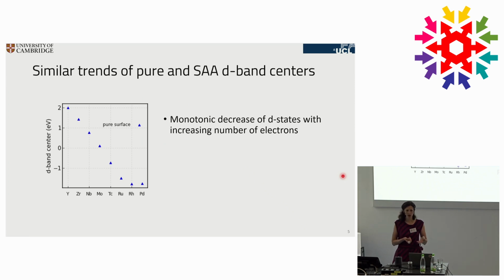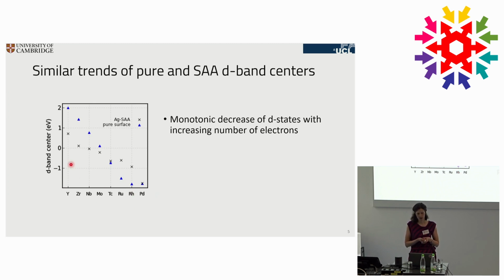So what about our single atom alloys? If we look at the d-band center, here I plotted the d-band center of pure transition metal surfaces, and for the single atom alloys I plot the silver-based ones, so that means we have the silver host and these dopants as single atoms dispersed on the surface.